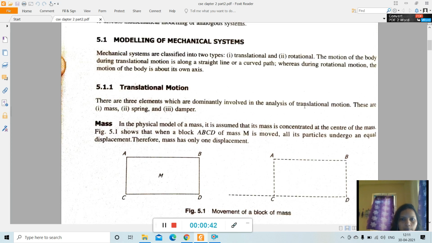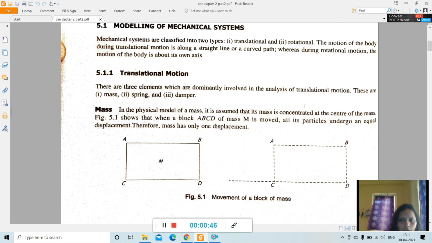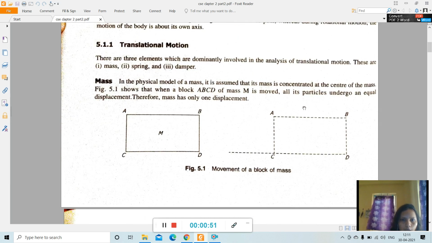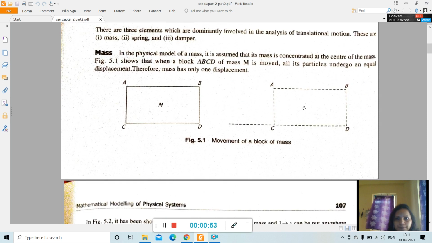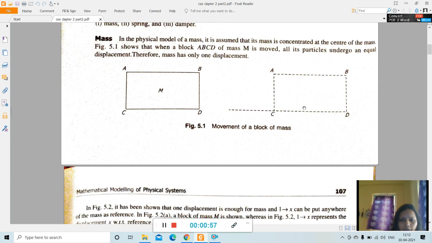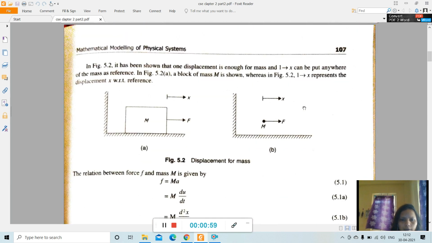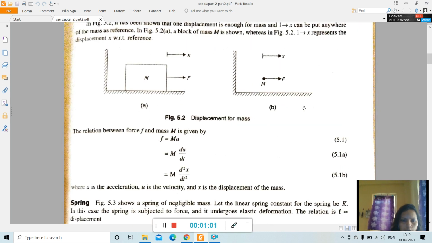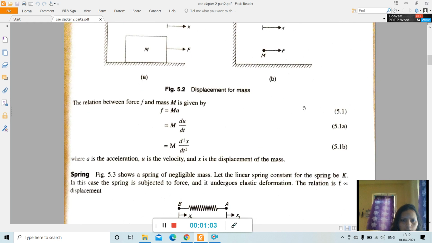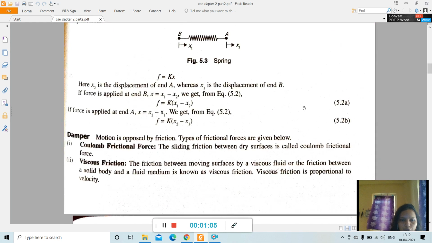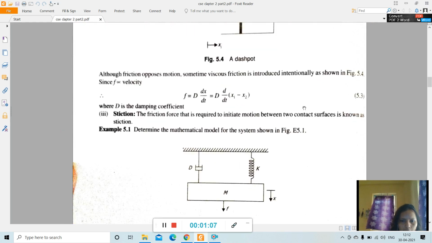Under mechanical systems, there are two systems we already discussed, that is translational and rotational. Under translational motion, we have studied three different elements, that is mass, spring and damper. And we already studied the mathematical expression for all these elements.